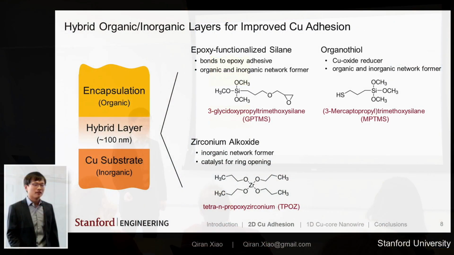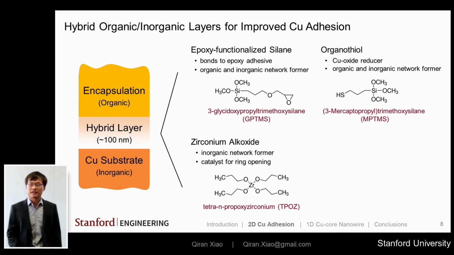The reason that this hybrid layer is capable of promoting bonding at a chemically distinct interface is that the hybrid layer itself contains both organic and inorganic components, with functional groups that match the chemistry between the two adjacent interfaces that the hybrid layer is trying to bring together.